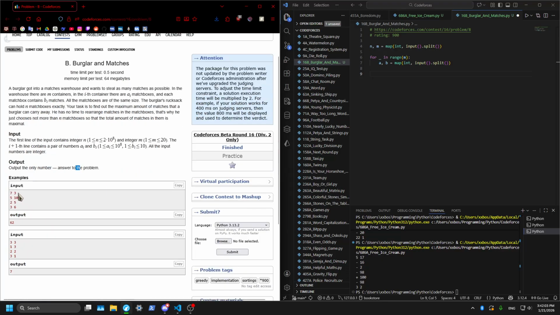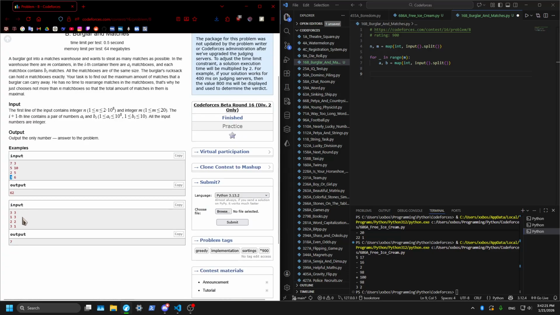So you can hold 7 matchboxes. 1, 2, 3, 4, 5, 6, 7. Or 3 matchboxes. 1, 2, 3.